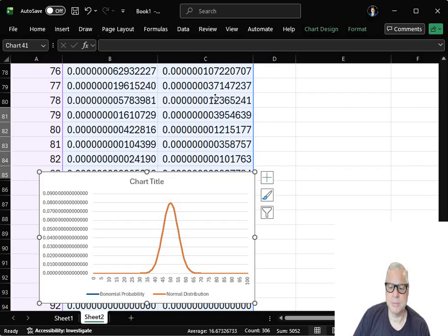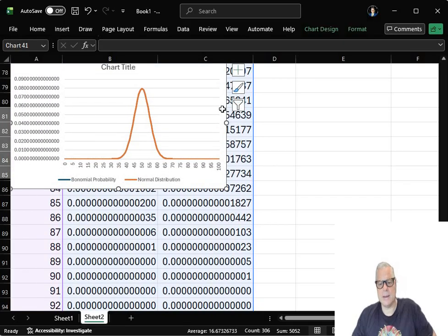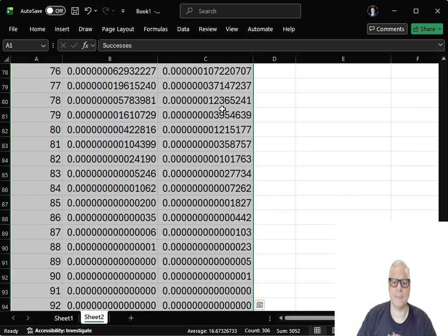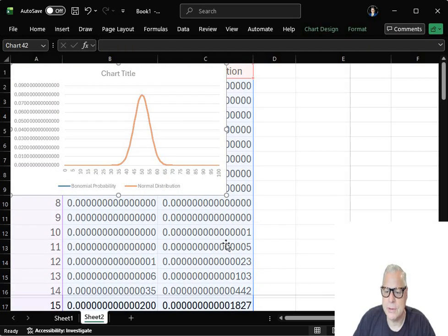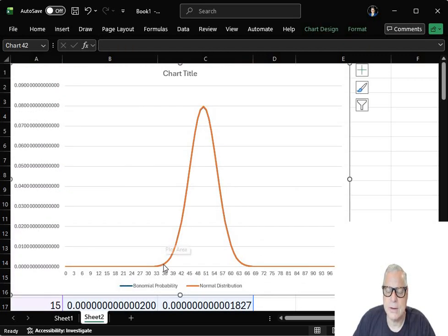Maybe there's a little bit of a difference if you zoom in, but it would be very difficult to identify a difference here. So you can see that the normal distribution, which is the orange, completely overlaps with the binomial. There's actually a typo in there.